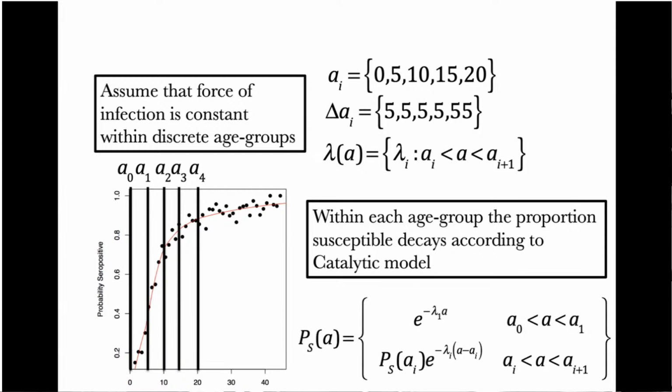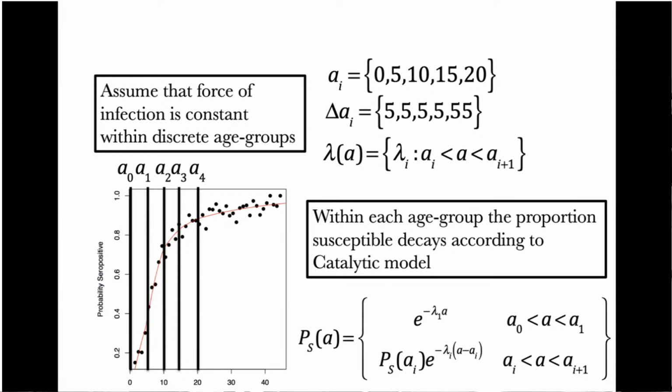And the formula here gives the proportion susceptible at each age. In the first band, between age 0 and 1, it's simply the first force of infection. But in the second band, because the force of infection is different, you take the proportion, the first element here.